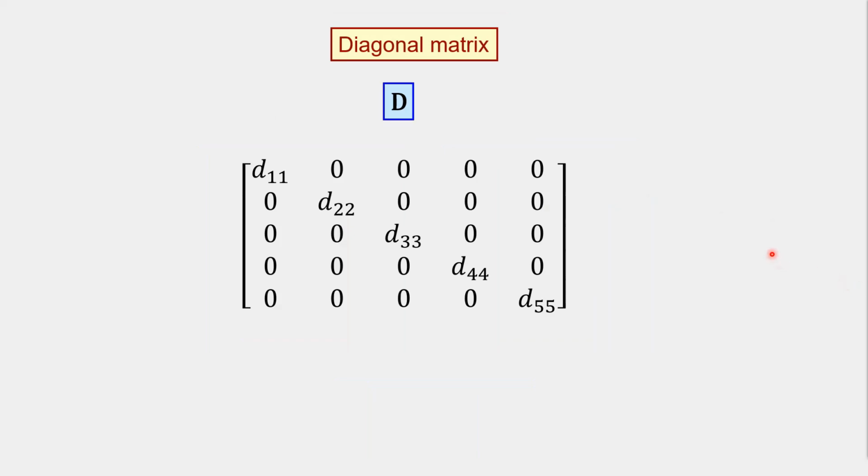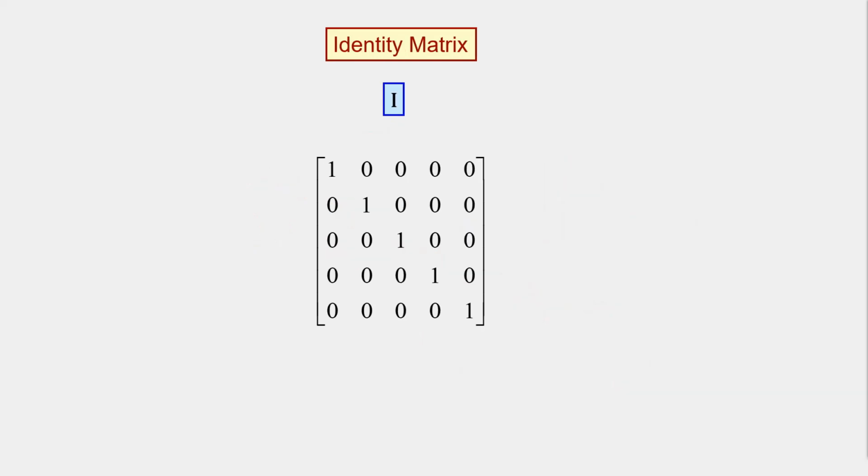A diagonal matrix is a special type of symmetric matrix that, as the name implies, has 0 as its off-diagonal elements, and along the diagonal we have non-zero elements. A special type of diagonal matrix is the identity matrix.